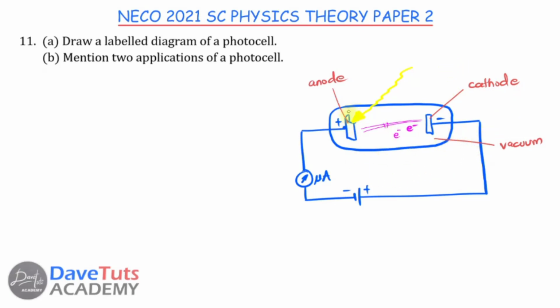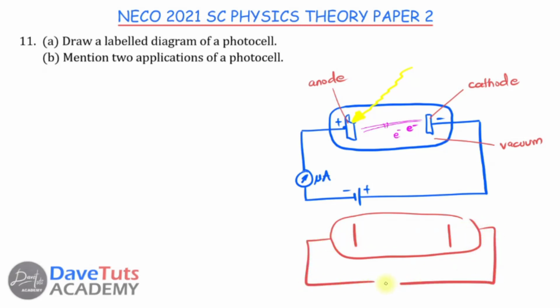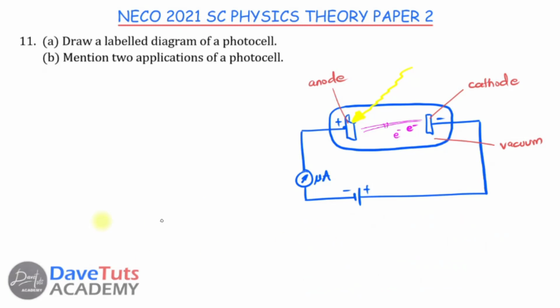When you are drawing, you can just represent the anode as a single line, represent the cathode as a single line. Maybe you just draw your evacuated glass tube, just do something like this, and you are good and fine. You don't need to be too artistic if you are drawing. I just want to give a good representation for you. If you can do this, you will also be awarded your full mark.